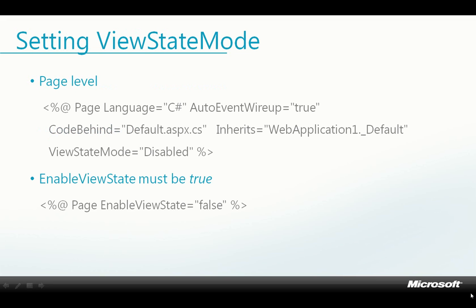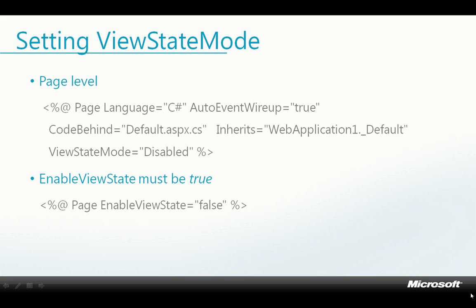You can set the view state mode for the page like this. You can see here that this last property says view state mode equals disabled. So that means that you can disable view state at the page level and then selectively enable it for particular controls on the page. And you'll want to do that whenever that's easier than the opposite approach, which is selectively disabling.